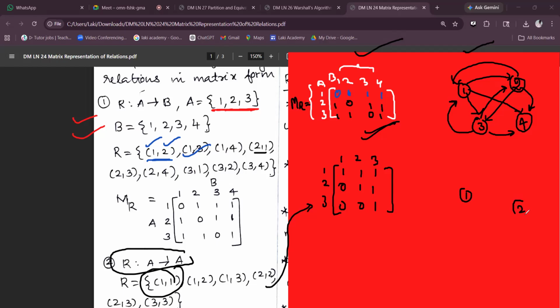Here 1, 2, 3. 1 is related with 1, with 2, with 3. 2 is related with 2 and 3. Understood?